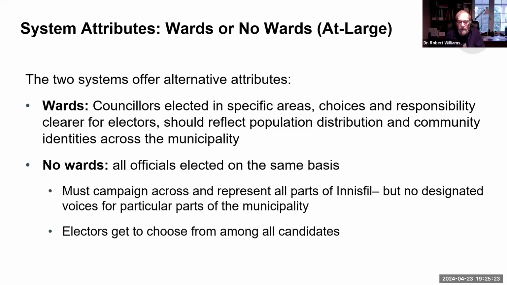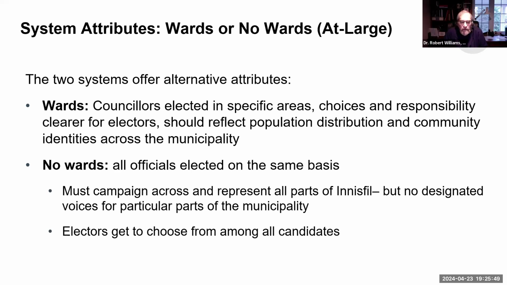So for some people, the advantage is I can vote for anybody. If the people running in my ward are not as good as the ones running in another ward, I can't vote for them in a ward system. Here, I can vote for everybody. The flip side is once that person is elected, they will have to deal with everybody. And we'll see what that means in a numerical sense in 2 or 3 slides from now.